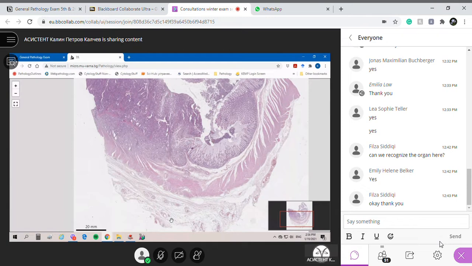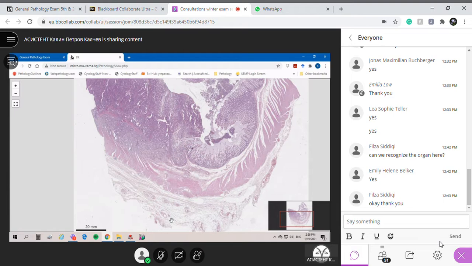But for the M stage, that means distant metastasis, it is the same. If there are no distant metastases detected, it is M0. If there are distant metastases, it is M1. There are no M2.